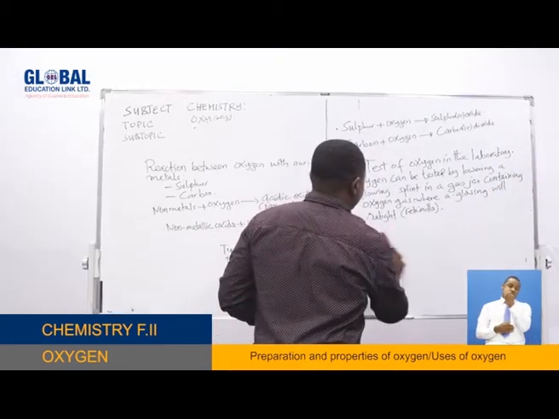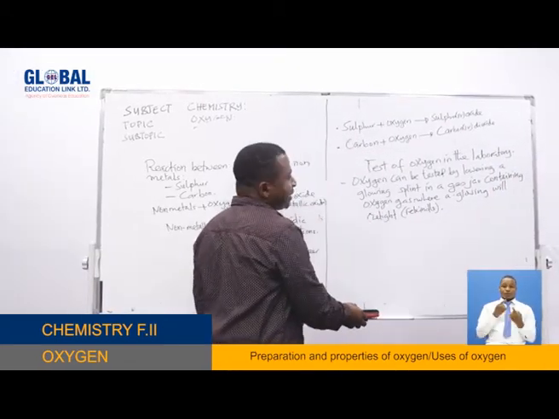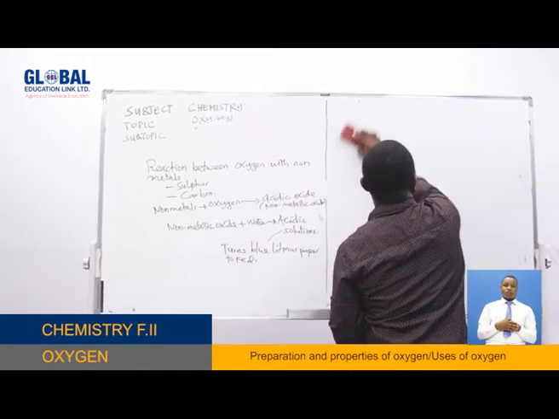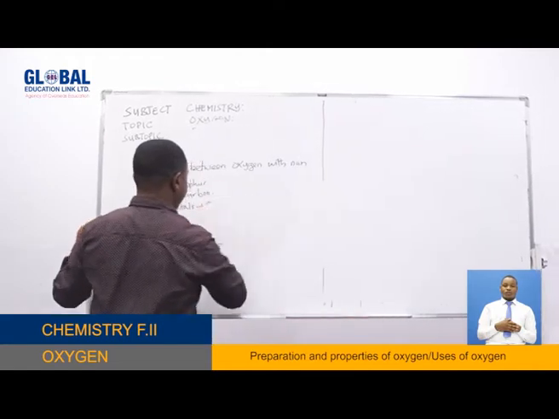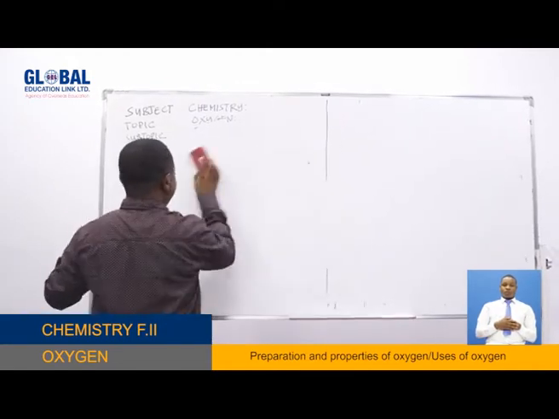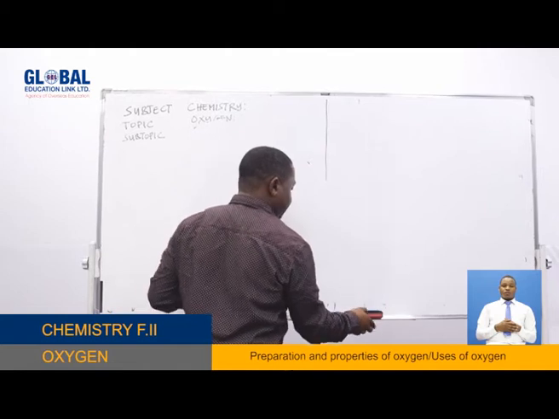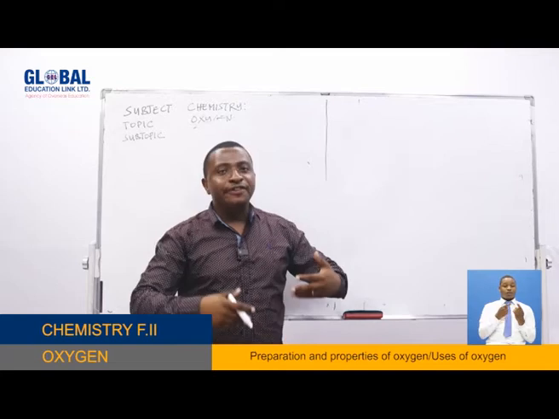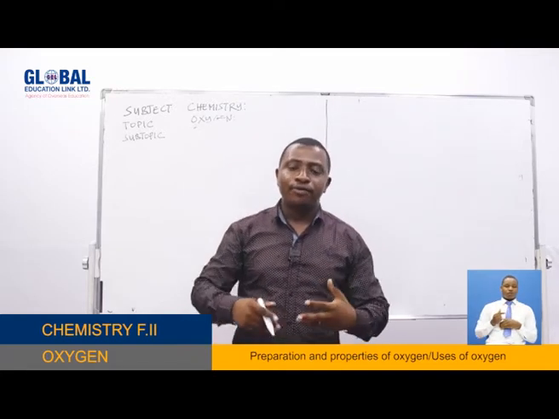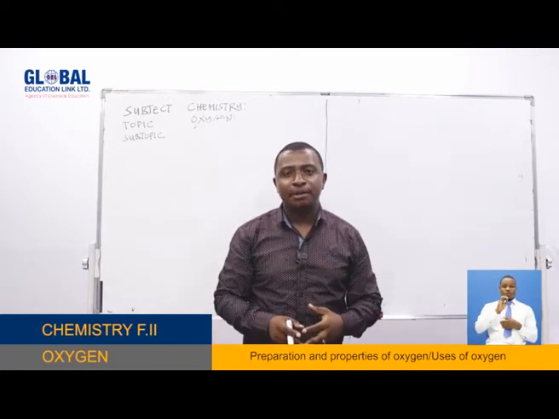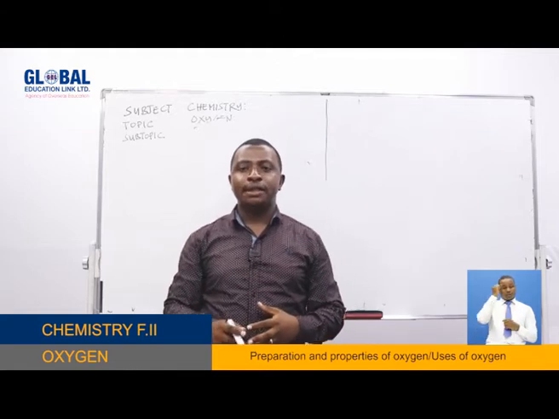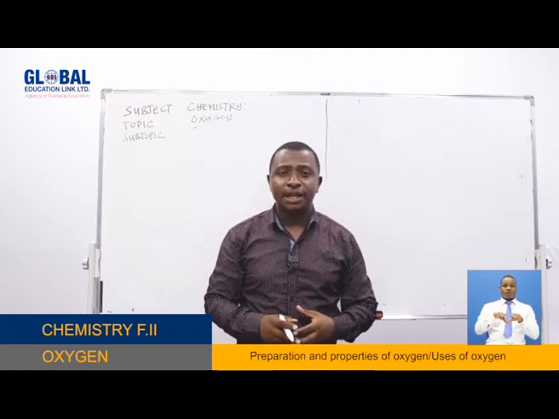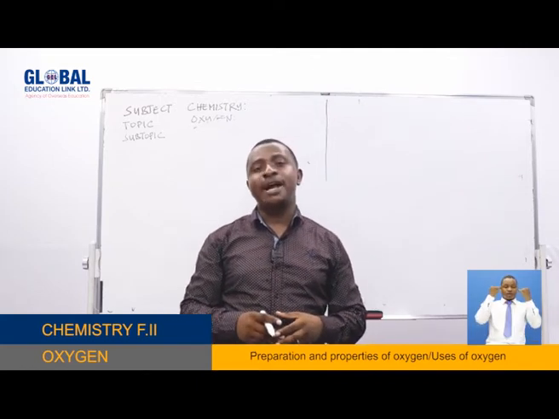Thereafter, after discussing that, I would like to say to you students that we have discussed the chemical properties of oxygen and the tests of oxygen, but you should remember that in the process of preparing oxygen, there are some chemicals that are not advised to be used in the laboratory.